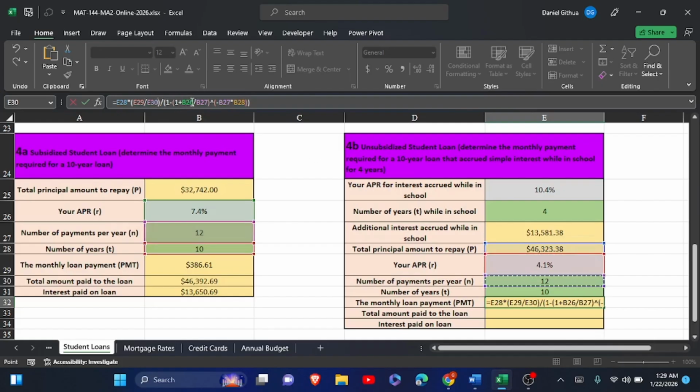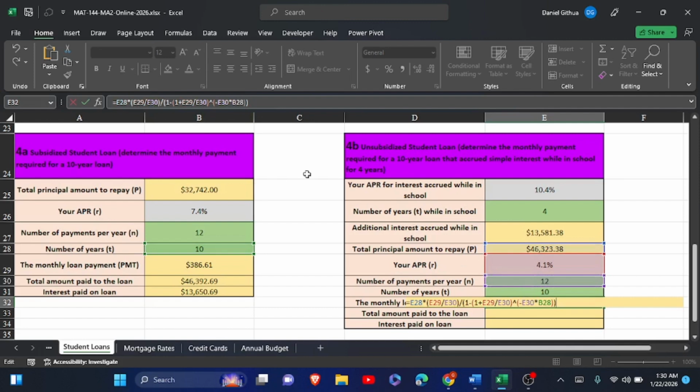Then we have 1 minus. We also know that our interest is given by here, divided by n, and then we are changing B27 to 30, multiplying it by the number of years.